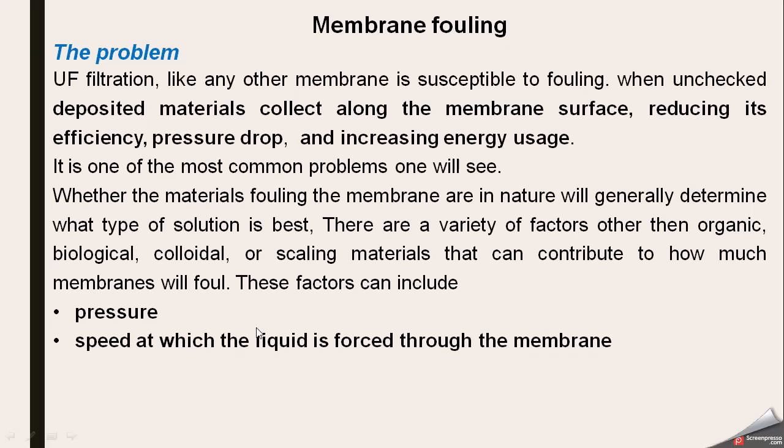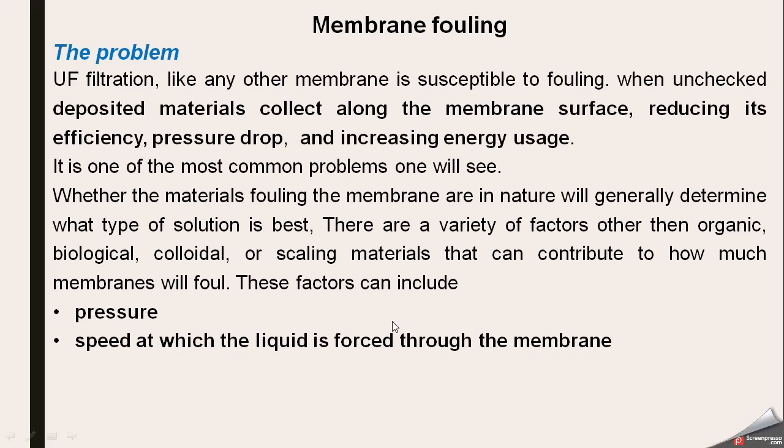So other than materials available in the water stream, there are some other operational parameters which can also contribute to or increase the fouling, basically the pressure and speed at which the liquid is forced through the membrane.